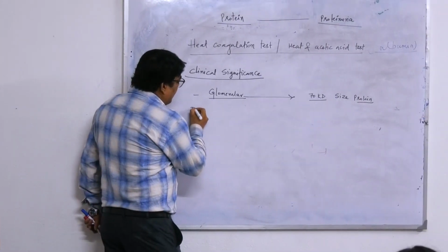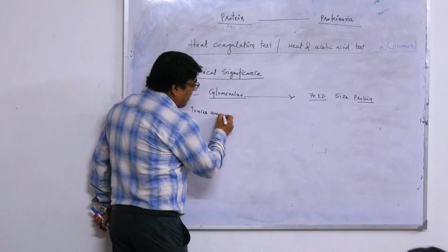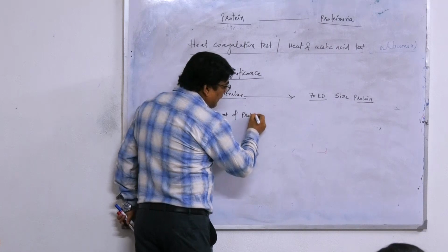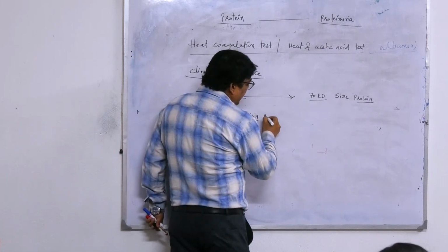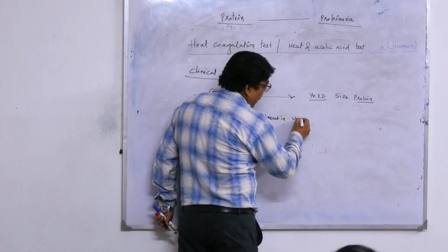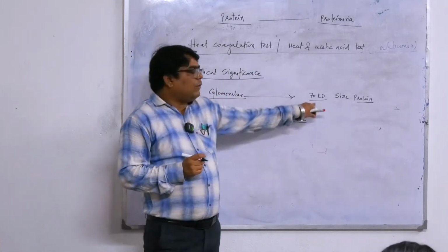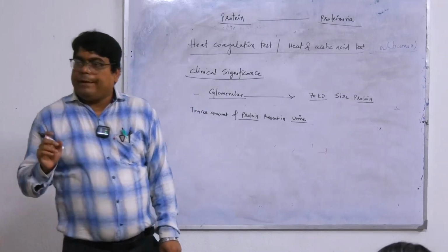Then traces, meaning a minimal amount, of protein are present in urine. We generally call this low molecular weight protein.